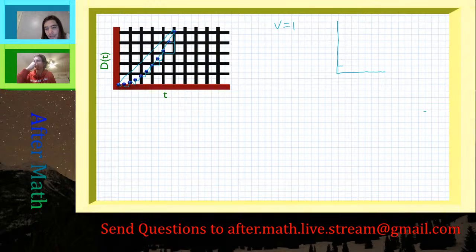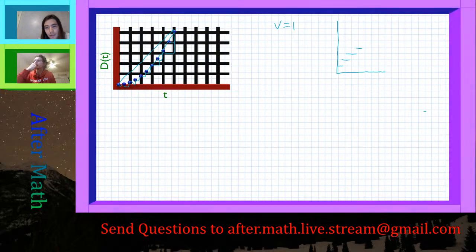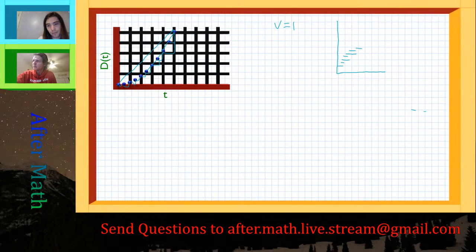It'd be shorter lines stepping up, and they'd be closer and closer together. So we'd have more lines in between each line, okay?